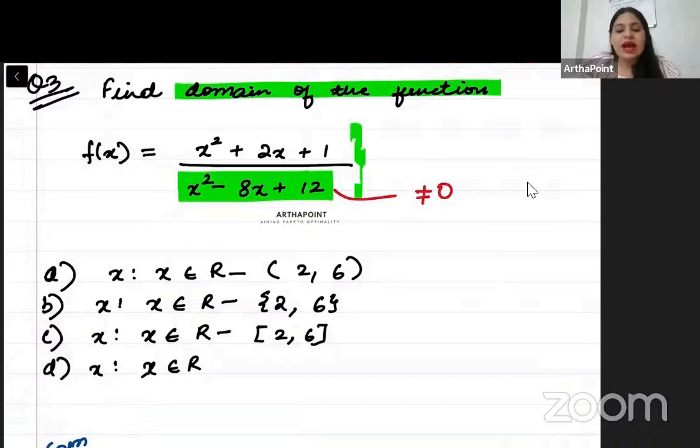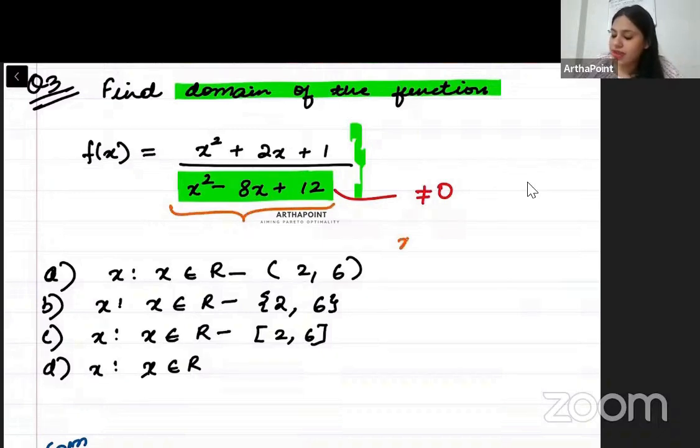So all that I have to do is try to factorize this. I can just use the completing the square method. And I want to check what are those x's at which this denominator is 0.